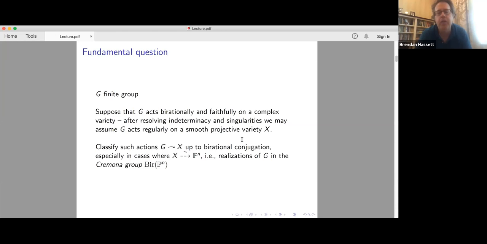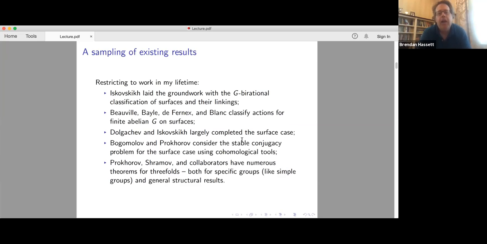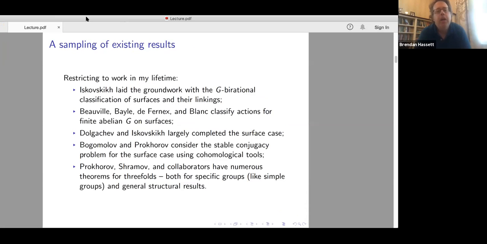It's a very old question, and I'm going to only mention things that have been done in living memory, my living memory. So the way I see this is the real groundwork for the modern study of these questions was the G minimal model program. So the classification of G birational models, especially of surfaces and how they're connected with each other, how they're linked together.